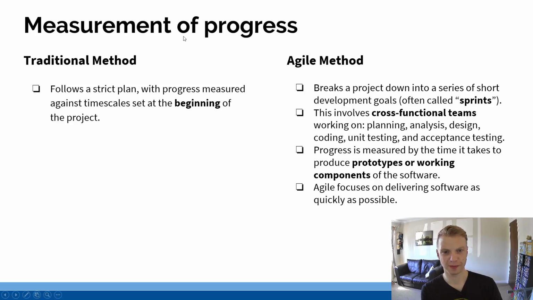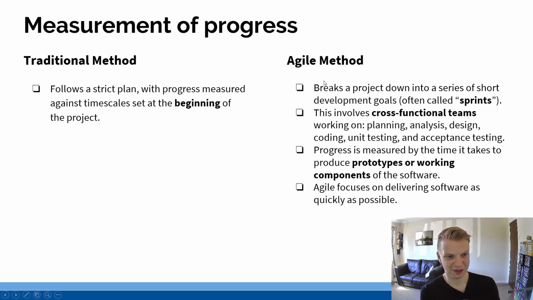So, in terms of measurement of progress, it's a strict plan with the waterfall method. You've got to go down in stages. With the Agile methodology, we've already talked about it, it's called sprints. They don't have a strict plan, really. Normally they don't even have an end goal. They might have a rough timeline in mind, but they won't have an exact timeline.